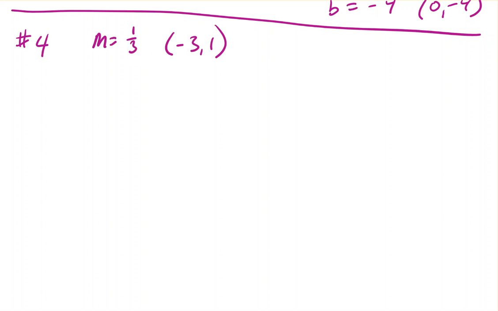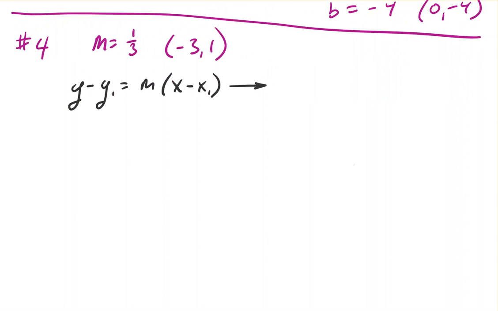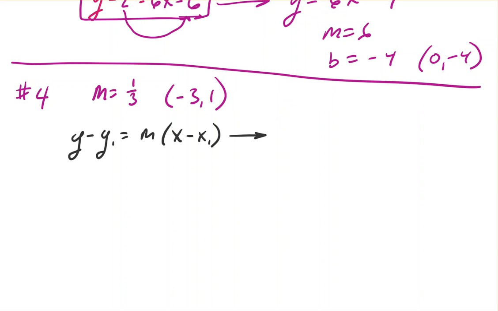We're going to use the point slope form. Y minus y1 equals m times x minus x1, and go. So we're going to do, okay, I wish that would stop moving. Y minus 1 equals 1/3 times x minus -3.